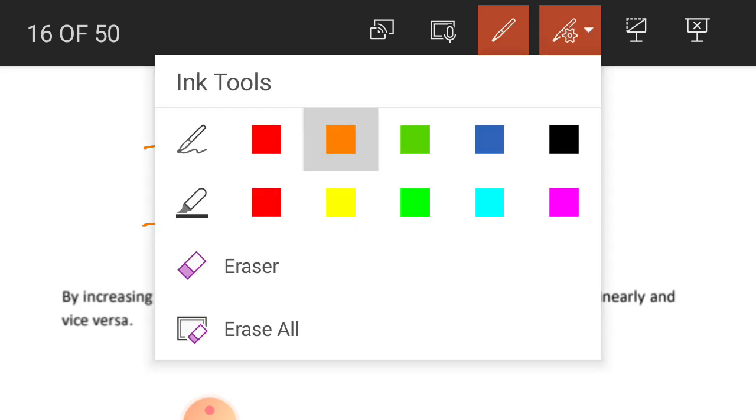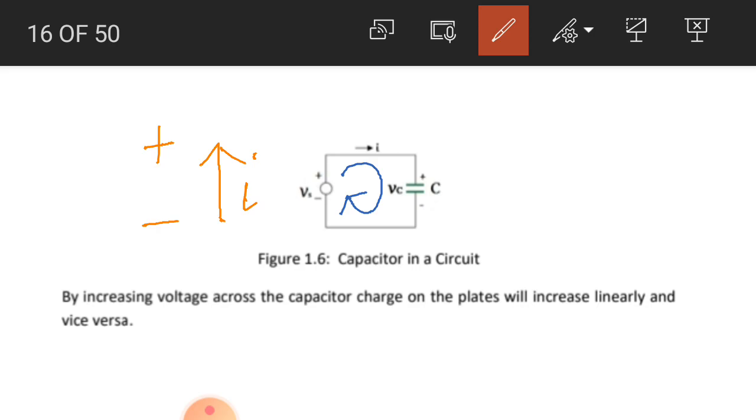We consider the direction of the current through the capacitor of this simple series circuit, and this current flows from the plus polarity of this voltage towards the minus polarity. So this voltage is a voltage drop. So the voltage across the source is a voltage rise, and the voltage across the capacitor is a voltage drop.